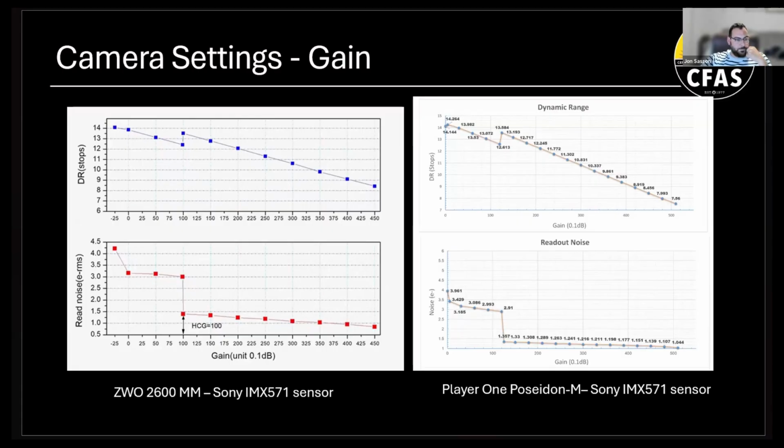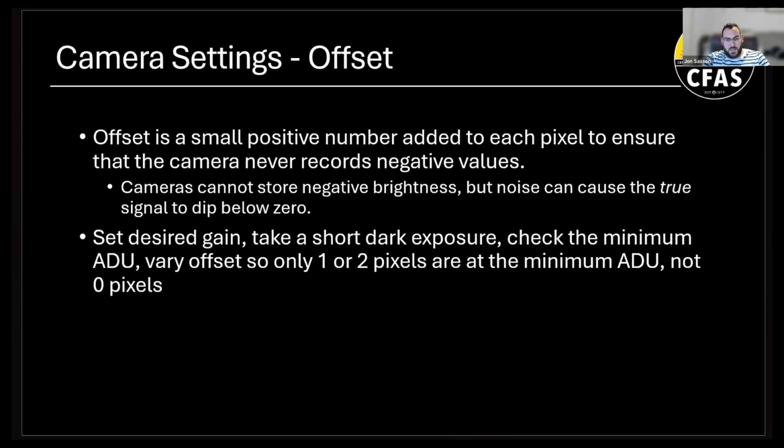Great. And then the other setting that you'll see on the computer when you connect your camera is the offset. The offset is a small positive number that is added to each pixel to ensure that your camera never records negative values.